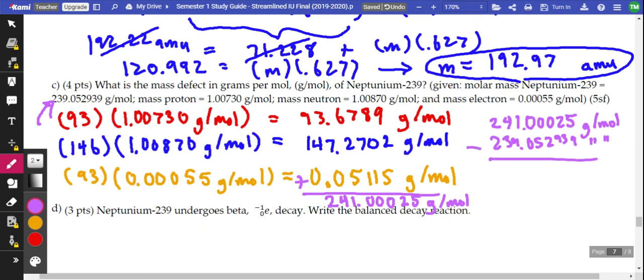And I can subtract this out, 241.00025 minus 239.0522939. I get 0.947311.